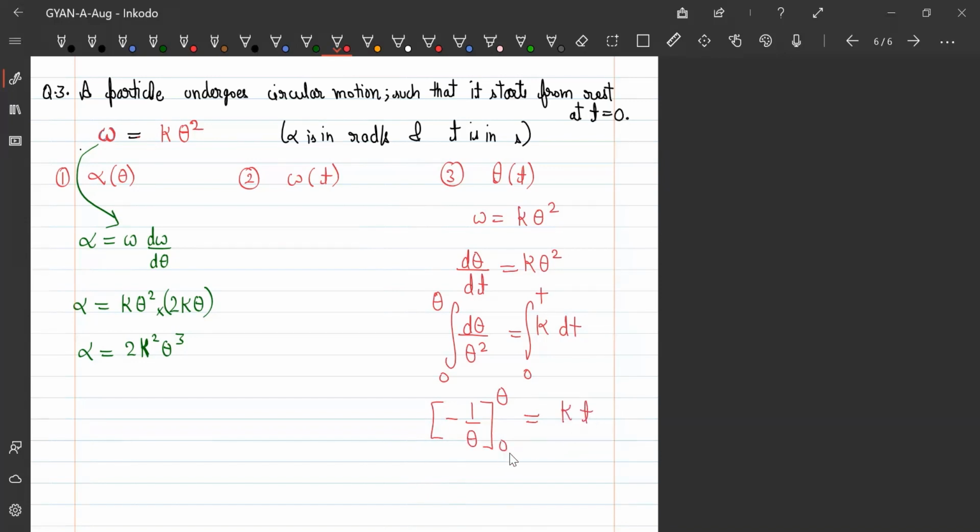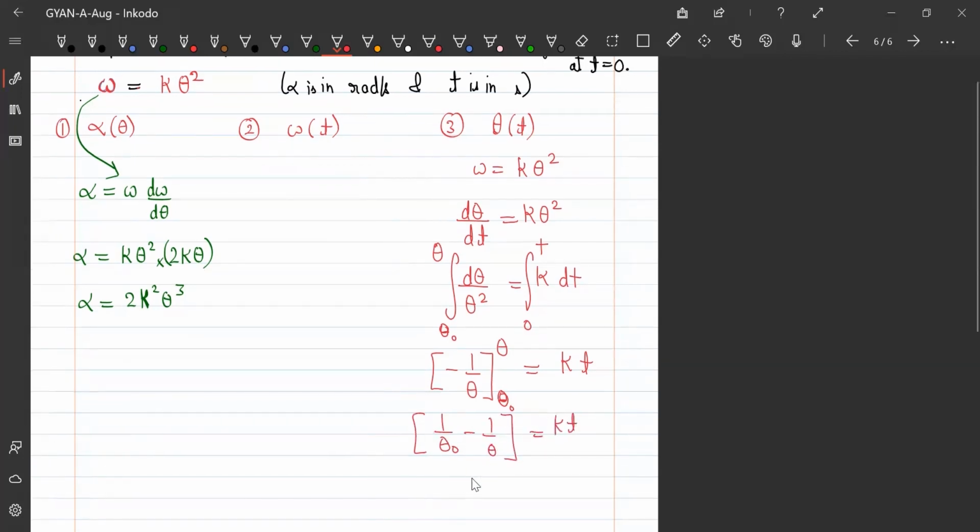But the problem is that a 0 comes in the denominator. So let me not take the initial value as 0. I'll take it as theta naught. Then this will give me 1 by theta naught minus 1 by theta equal to kt, and I can write the final answer as 1 by theta is 1 by theta naught minus kt.